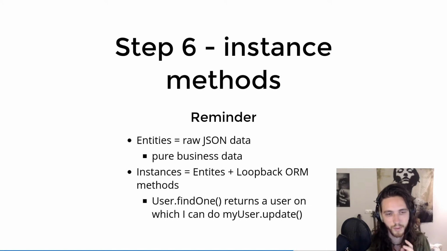For example, if I use user.find1, it returns an instance actually. And on this instance, I can call the method update so that I can manipulate the user that I just got back and update it in the database directly. So Loopback will do the database manipulation for me.